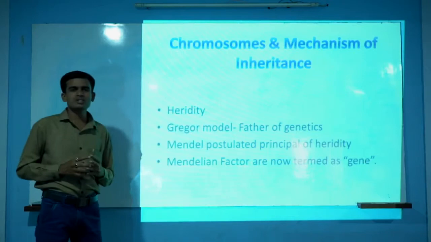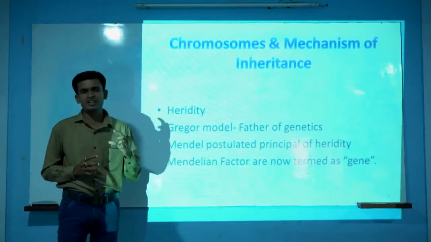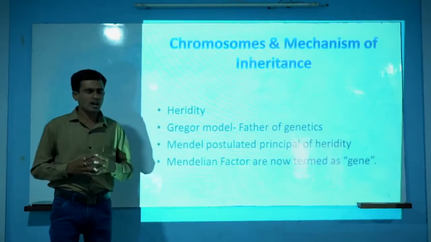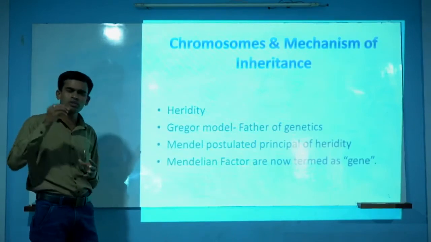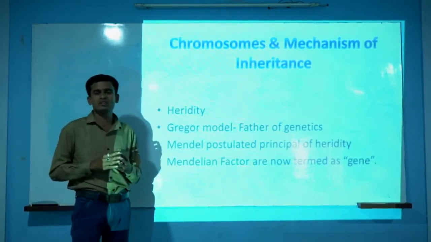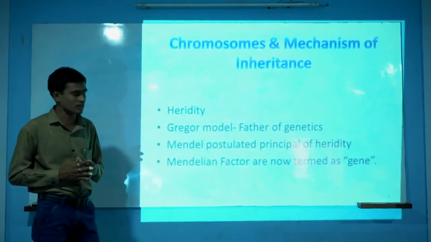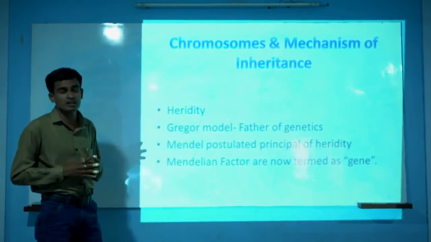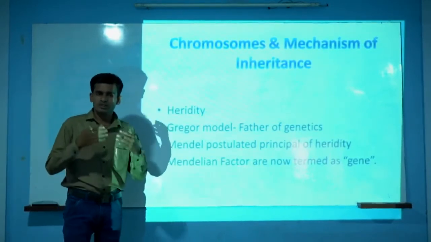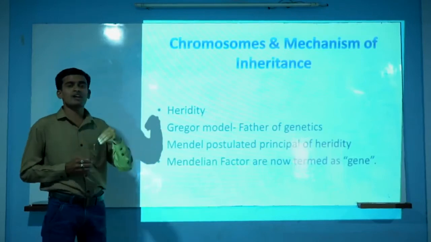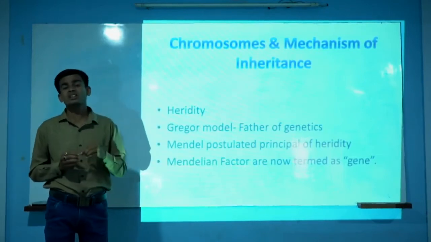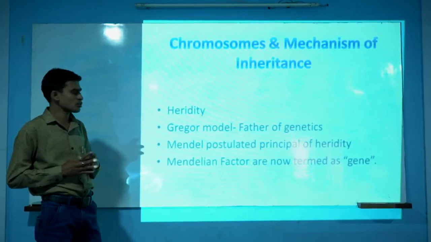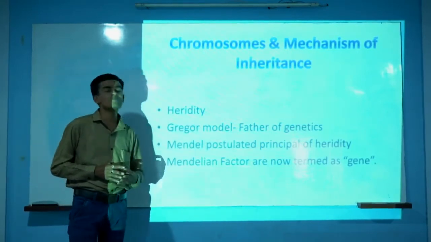We know a gene is a fragment of DNA, and genes are meant for the expression of characters. Before the invention of any sophisticated instrument like the microscope, Mendel rightly called it a factor, a particulate matter present in organisms, responsible for the expression of characteristics. So now that factor is termed a gene.